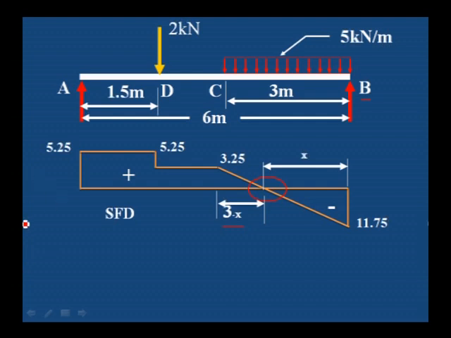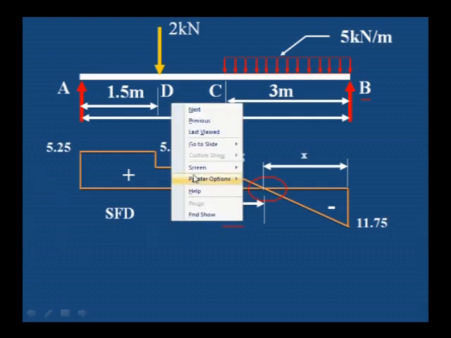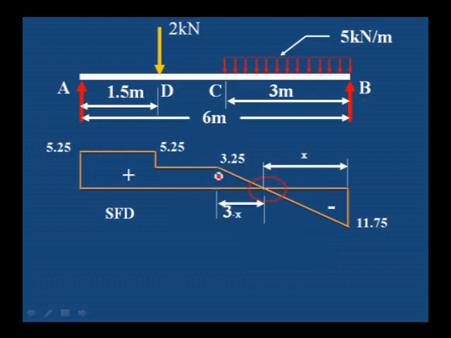To calculate the x value, we will consider two similar triangles. The distance 3 minus x divided by the shear force value 3.25 must be equal to x divided by 11.75, the right side shear force value.